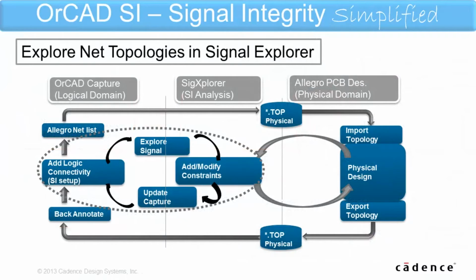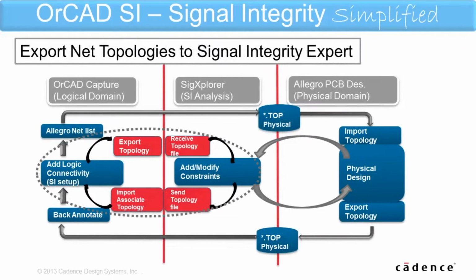The example we have seen so far highlights OrCAD support for the direct exchange of electrical topology data between OrCAD Capture and OrCAD SI. When working with signal integrity experts, OrCAD provides support for an electrical engineer to capture constraints on critical nets in OrCAD SI and export the electrical topology data for transfer to a signal integrity expert.